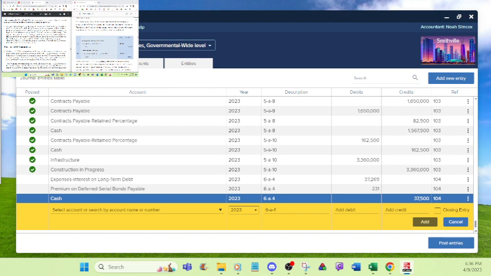You're seriously making us do another year of transactions. Dude, there's 11 entries for 2024. Are you kidding me? Why didn't we do a closing entry for 2023?